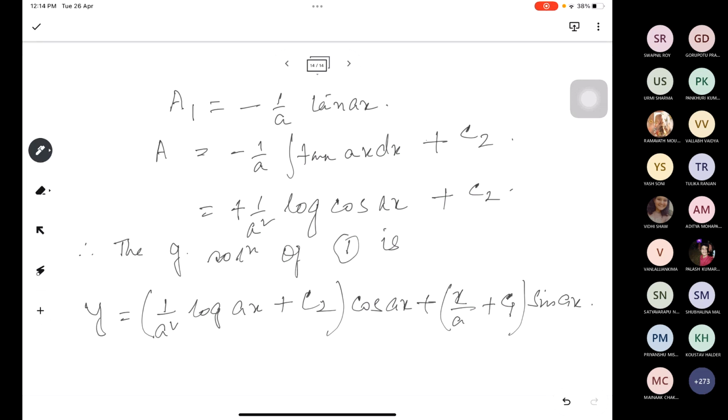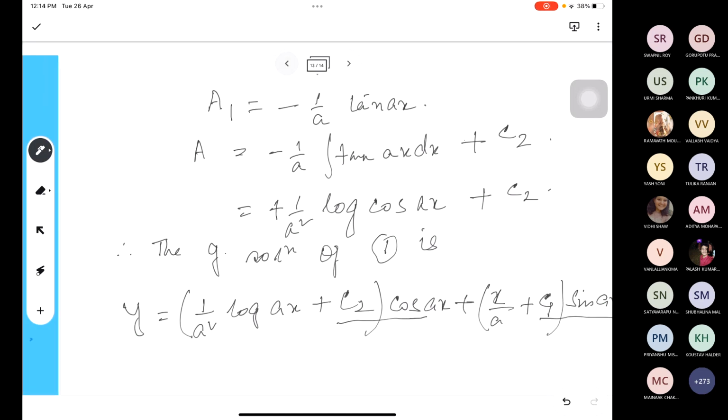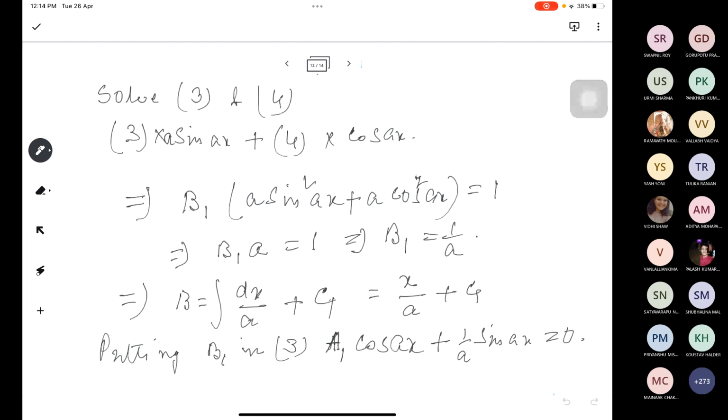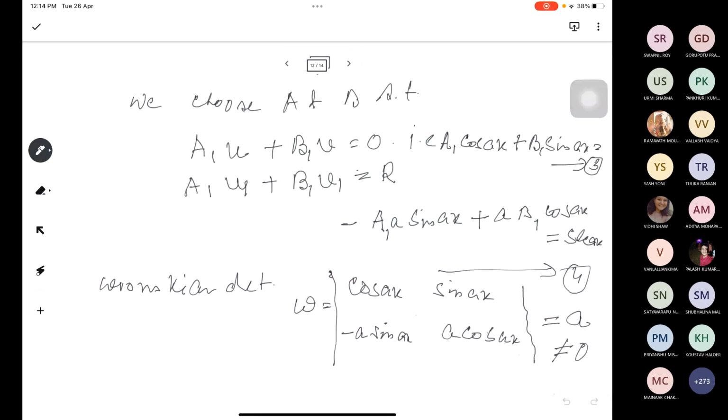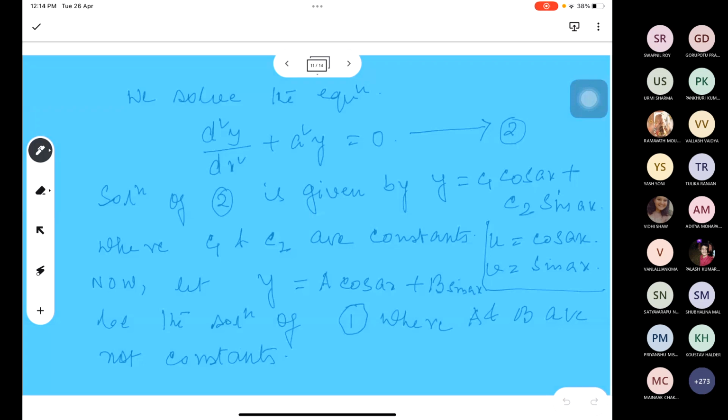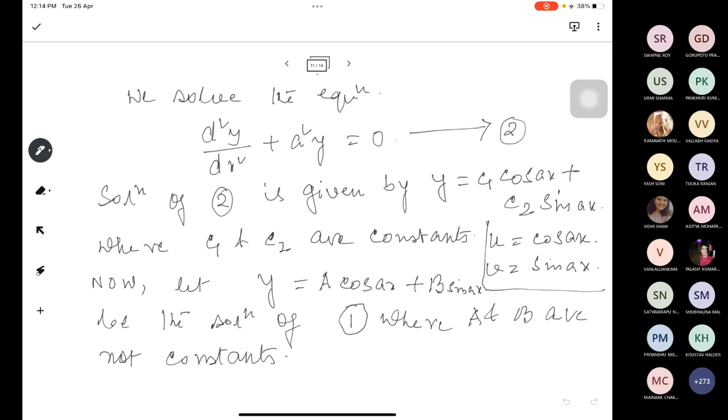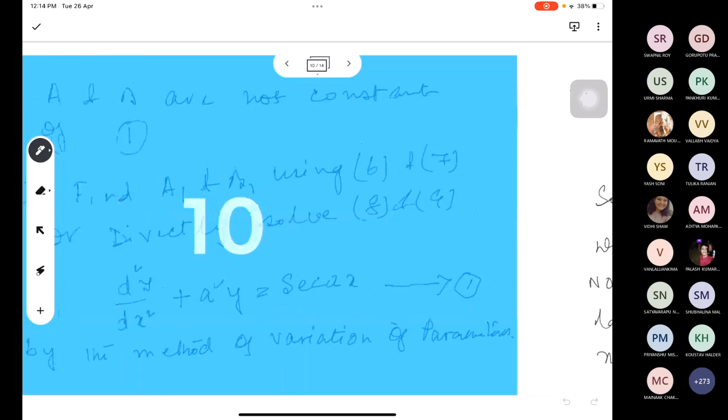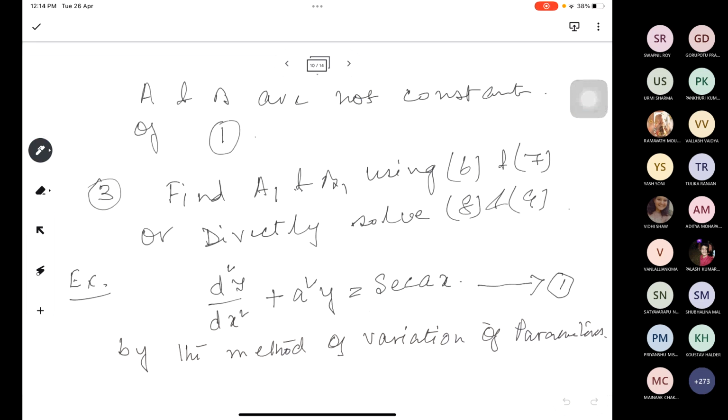Now you can see that this contains C1 cos ax and C2 sin ax. That is, previously you have solved this equation by finding the complementary function and the particular integral.